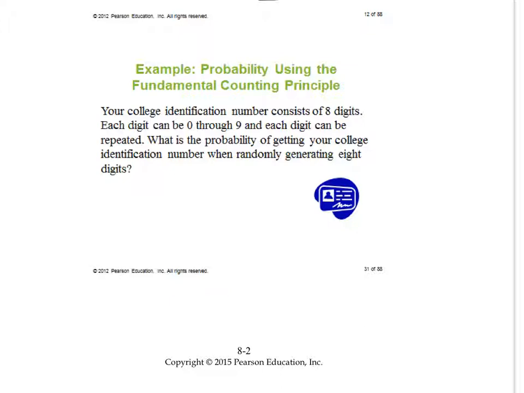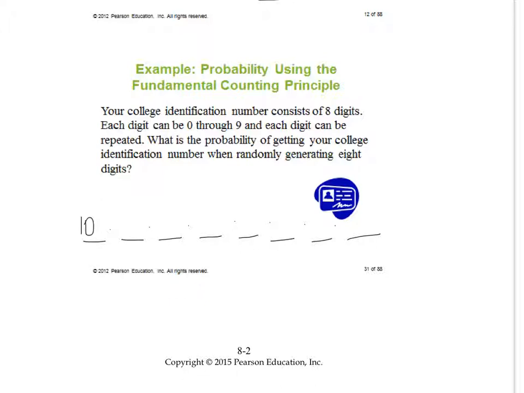Since our college ID consists of 8 digits, I'm going to have 1, 2, 3, 4, 5, 6, 7, 8 blanks. I know I'm going to be multiplying together whatever goes in each of these blanks. And here's what it tells me. Each digit can be 0 through 9, and each digit can be repeated. If I count up how many digits there are from 0 through 9, that's actually 10.